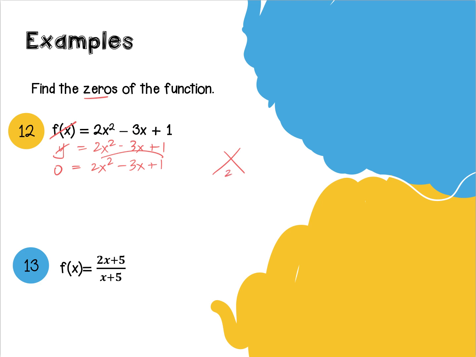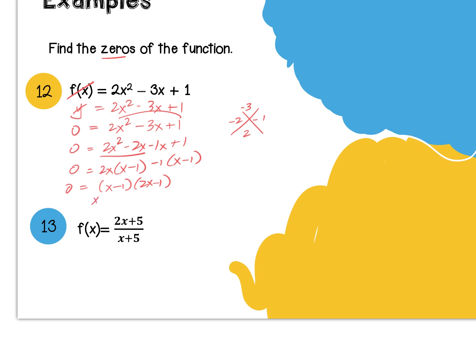So the product is 2, the sum is negative 3, minus 2 minus 1. So we get here 2x squared minus 2x minus 1x plus 1. Factor by grouping, right? 2x, x minus 1, minus 1, x minus 1. And we get our factors are x minus 1 and 2x minus 1.